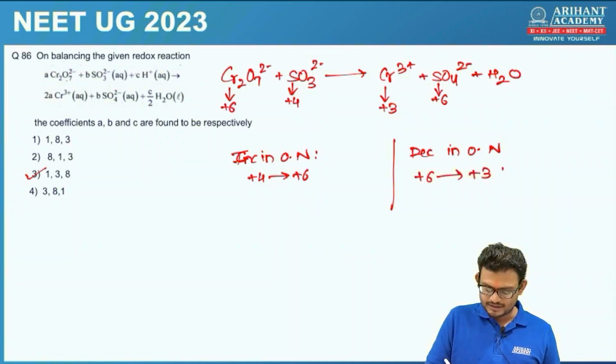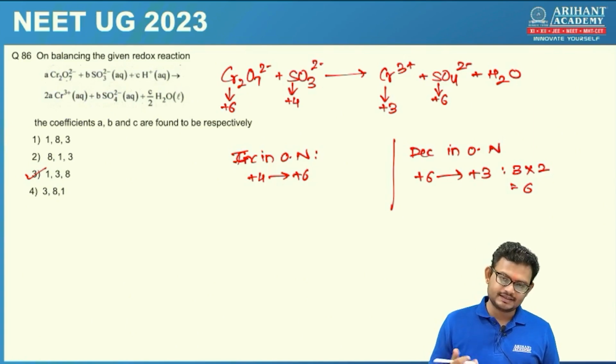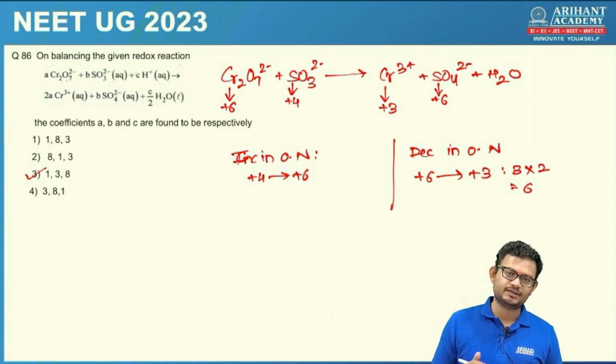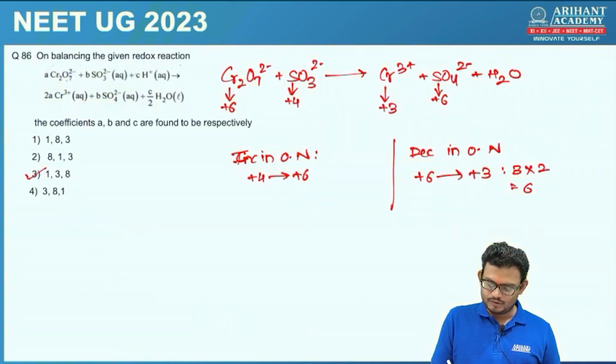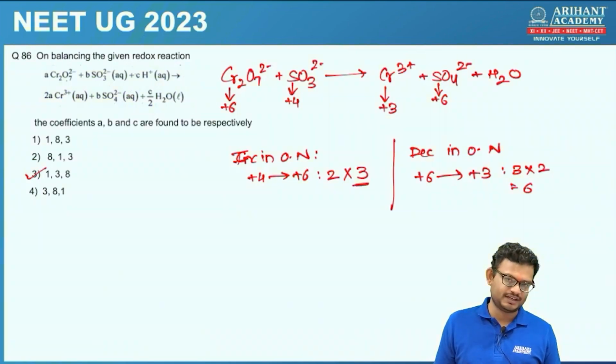So for 2 chromium atoms, the net decrease would be 6. Now for the reaction to be balanced, the decrease in oxidation number and the increase in oxidation number should be equalized. The moment I equalize, the answer pops up, and definitely there's an increase of, I multiply the increase in oxidation number by 3. So looking at that itself, I get my answer, the third one. Let's move to the next one.